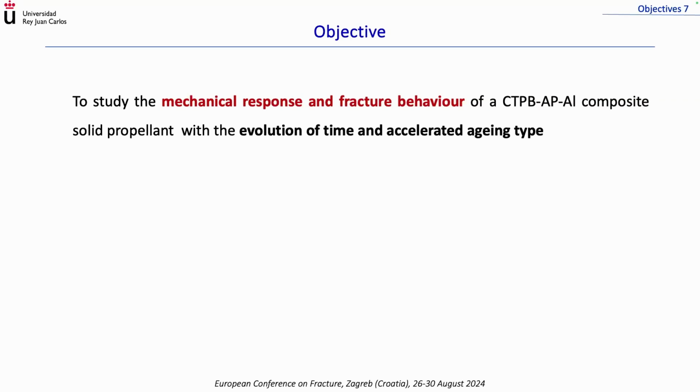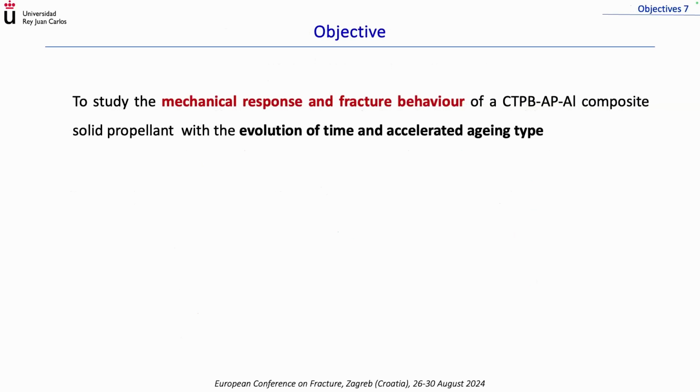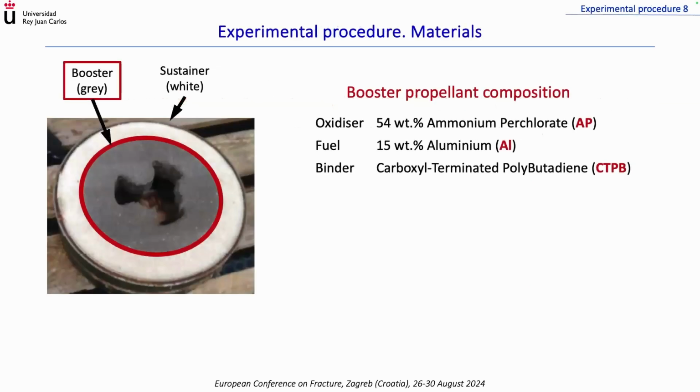The material under study is a booster propellant, shown in gray in this micrograph, and the composition is 54 weight % of ammonium perchlorate, 15 weight % of aluminum, and the matrix is carboxyl terminated polybutadiene rubber.